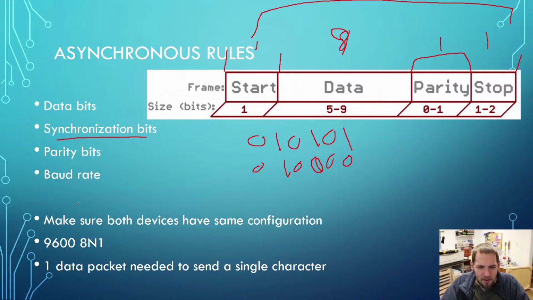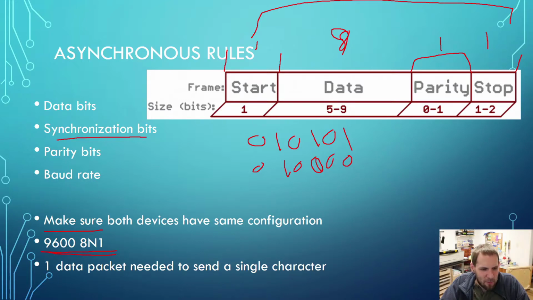Now, with asynchronous, we do need to make sure that both devices have the exact same configuration. We need to make sure data bits are the same, parity bits are the same, stop bits are the same. So here is how you might see it written out. Someone might tell you that it's 9600, 8, N, 1. 9600 is our baud rate, so that'd be 9600 bits per second. 8 would be our data bits, so we have 8 data bits.